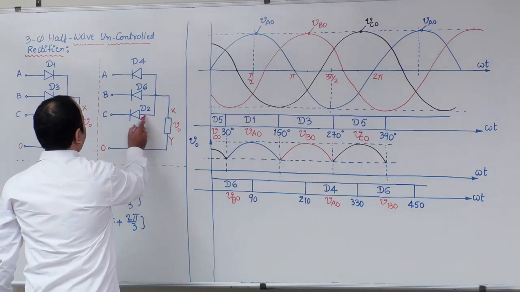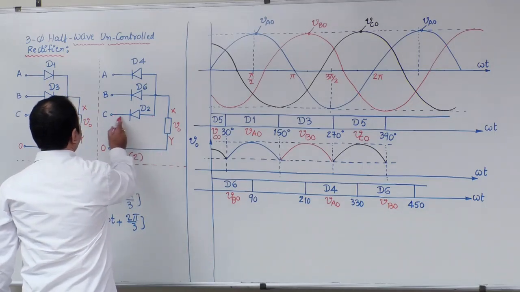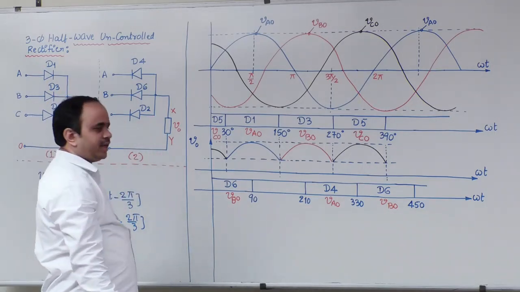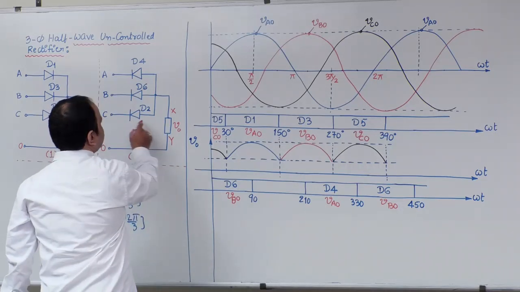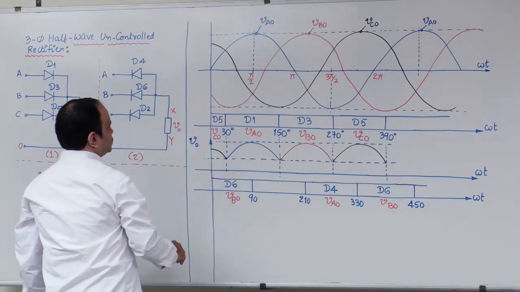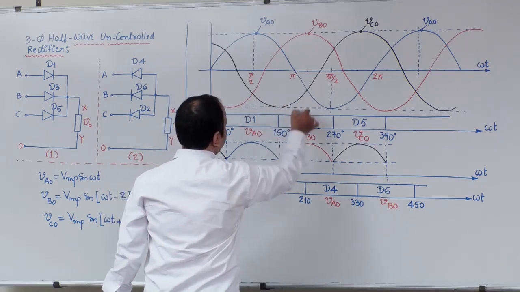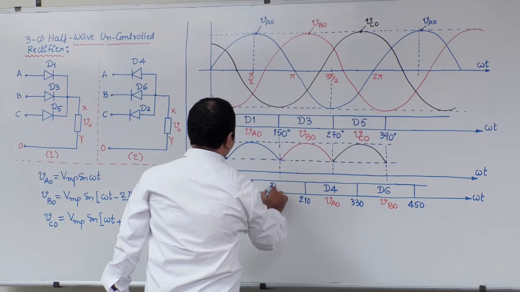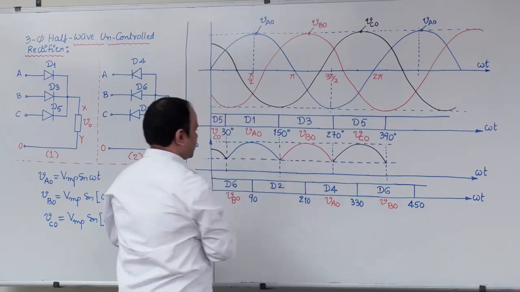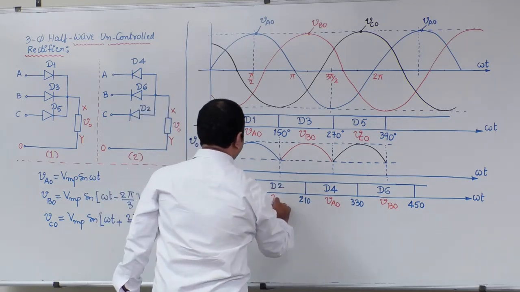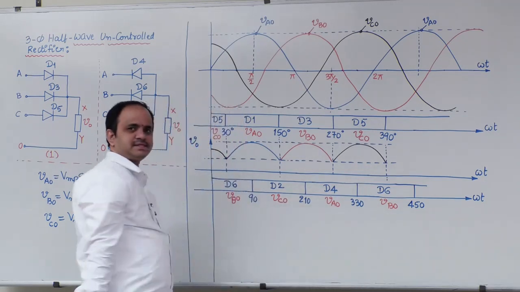Now, D2 will forward bias when phase C is more negative. Phase C means the black sinusoidal. So phase C is more negative from 90 to 210. Therefore, here D2 will conduct, and in this interval the output voltage will be VCO.